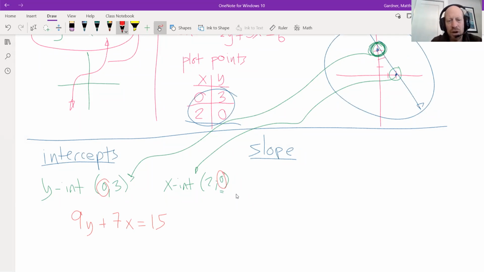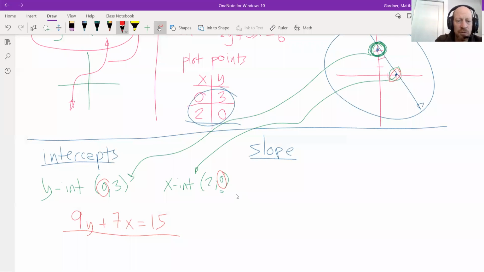And even if you were able to come up with the graph and looked at it, you wouldn't really be able to tell what those intercepts were, because the line crosses at an arbitrary point, not right at 2 or 3, but somewhere else. So it's not hard to find the intercepts from a graph, but we need a different strategy when we just have the equation.